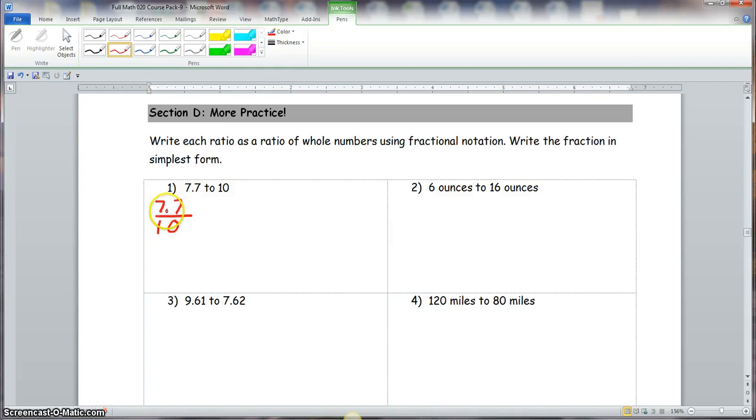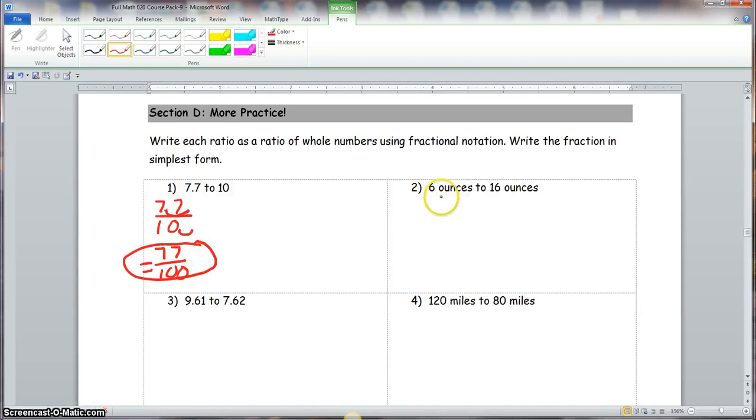So in order to get rid of this decimal, we have to move this decimal place one place here. And we know a decimal is after this 10. So we have to move this decimal one place here. So now we will have 77 over 100. Now, okay, this is in simplest form because we cannot do anything else with the 77 and 100. So that is your final answer.